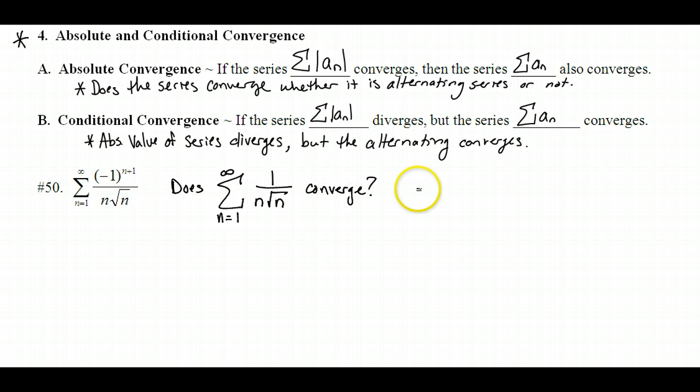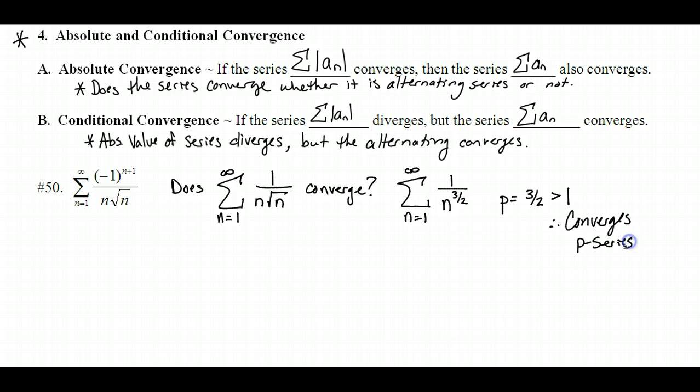Well, this is really nice because this is just basically our p series. From n equals 1 to infinity, I have 1 divided by n to the 3/2. My power is equal to 3/2. That's greater than 1. Super easy. Therefore, this converges using our p series. And because I looked at the absolute value, I don't have to worry about alternating.